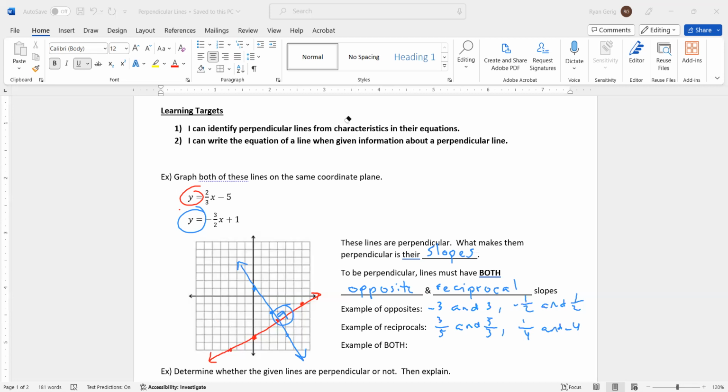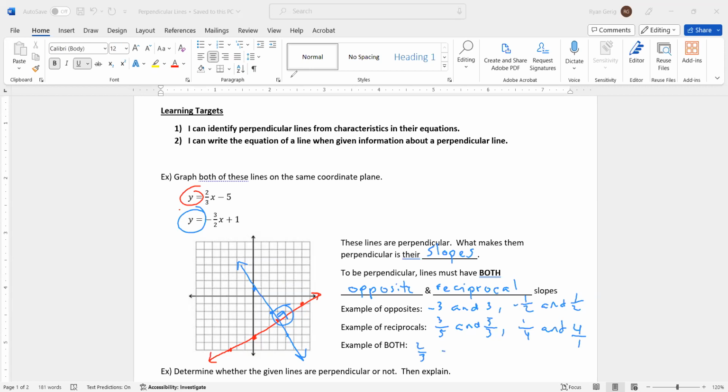Okay, sorry, back up on this one, I'm getting ahead of myself. So 1/4, the reciprocal of 1/4 would be just 4 over 1, which would just be 4. Examples of both would be what I messed up on there. Let's say I have a slope of 2/3.